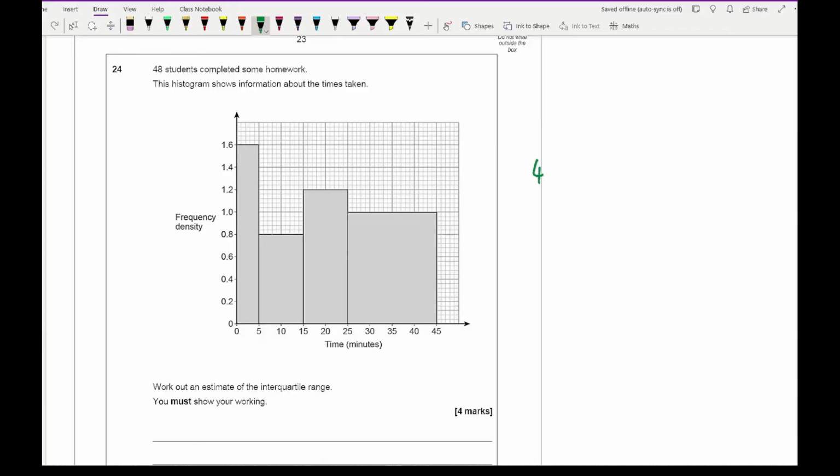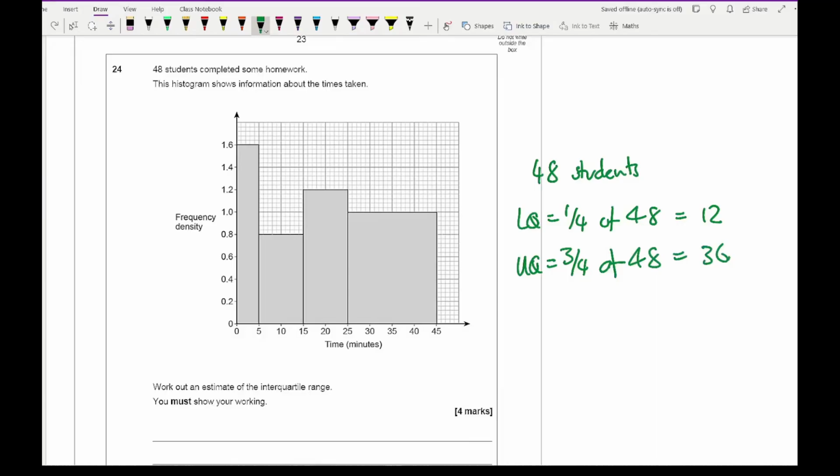Now 48 students, so the lower quartile is going to be a quarter of 48, and a quarter of 48 is 12, and the upper quartile is going to be 3/4 of 48, which is 36.